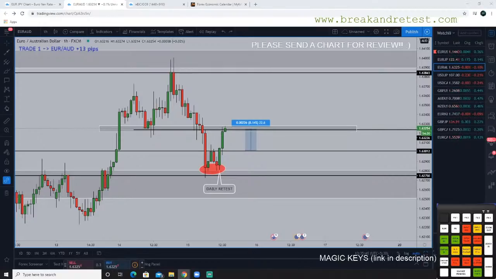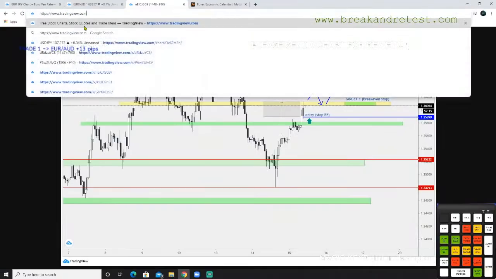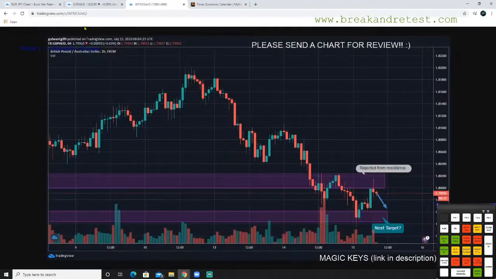Can you take a look at this chart? Of course, let's take a look. Jill, I said before, I don't trade just because the price got rejected. What do you say about this zone? What about this zone here on GA?